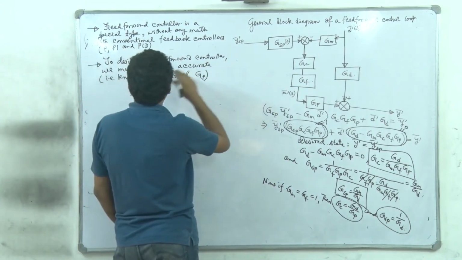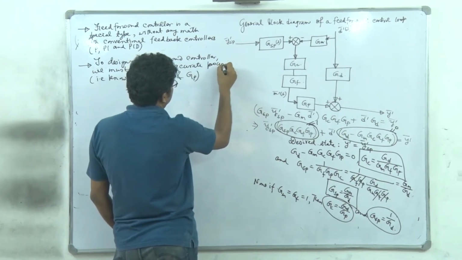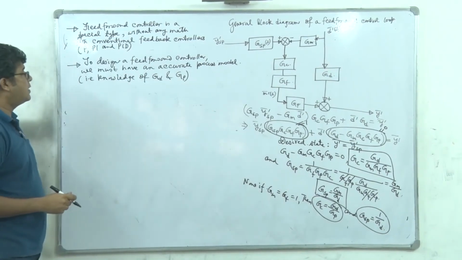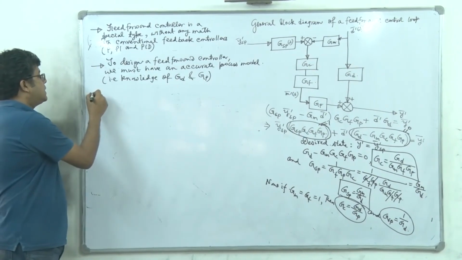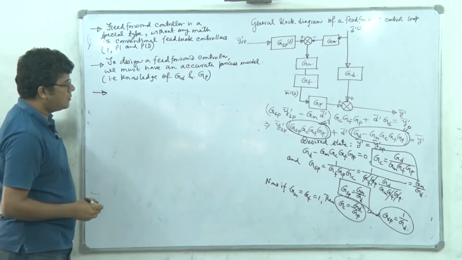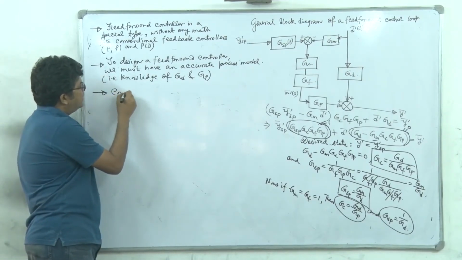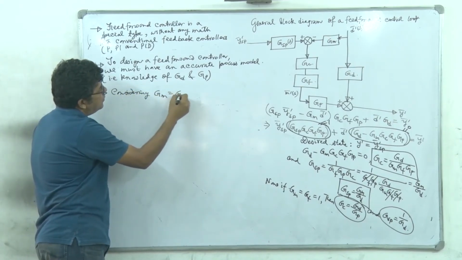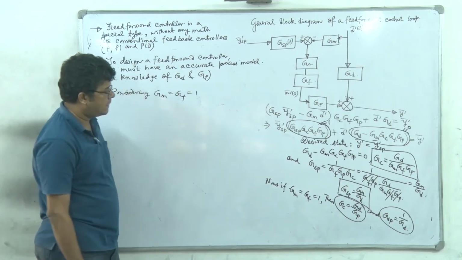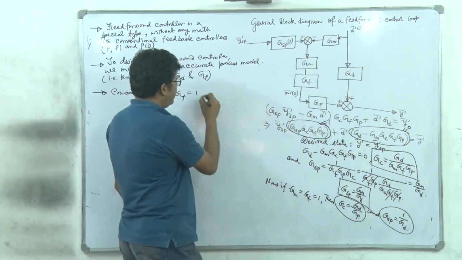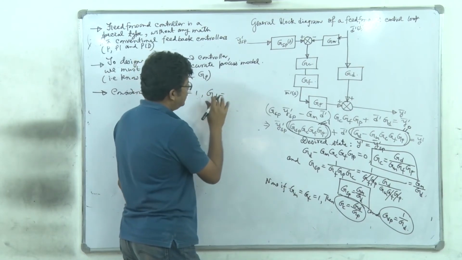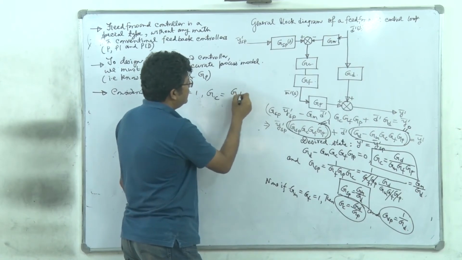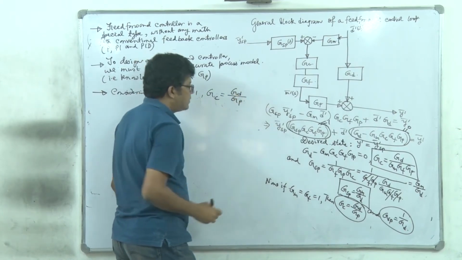We must have an accurate process model, right? The third one, considering GM and GF equal to 1, here we have GC is equal to this GD by GP. Right.